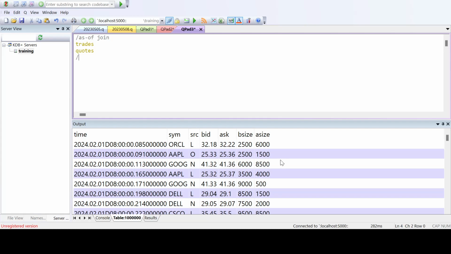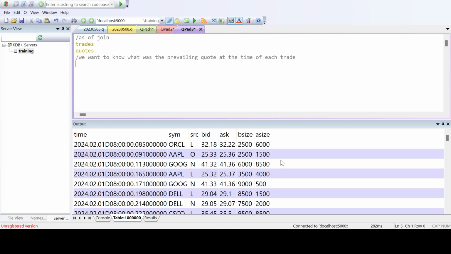So what is the problem statement? Basically, we want to know what was the prevailing quote at the time of each trade.